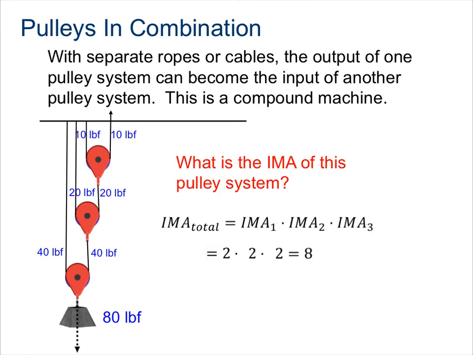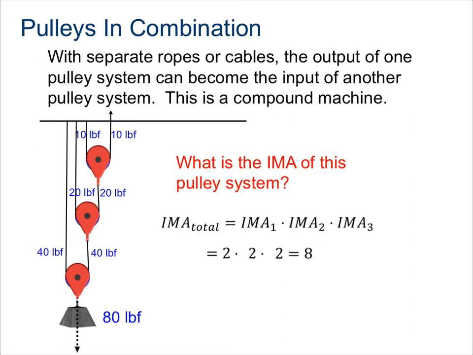It's also important to understand that when pulleys are used in combination with separate ropes or cables, the output of one pulley system can become the input of another pulley system. Again, this is referred to as a compound machine. It's asking in this example, what is the ideal mechanical advantage of this pulley system? So what we're going to do is take the ideal mechanical advantage of each of these individual pulley systems and multiply them together.